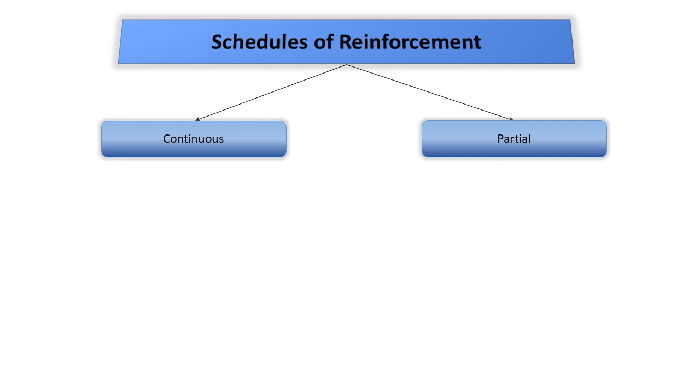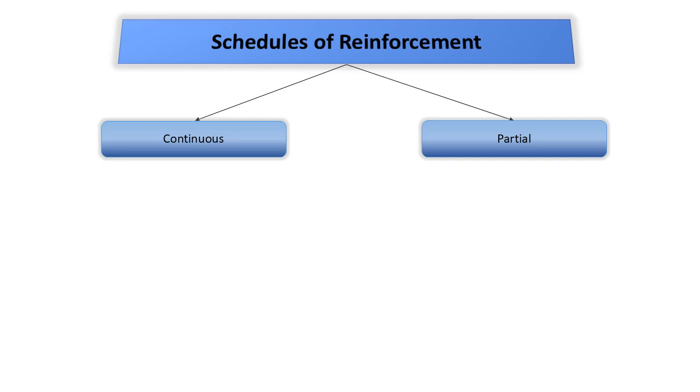But in partial reinforcement, though the behaviors are acquired more slowly, the response is more resistant to extinction. We will be discussing why it is more resistant to extinction when we discuss the different types of partial reinforcement schedules.